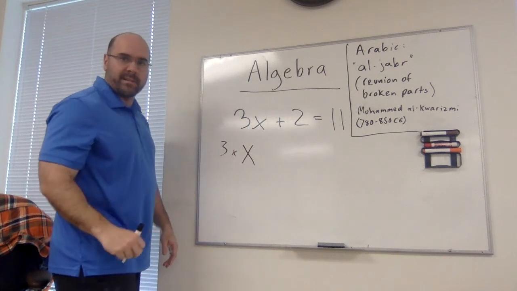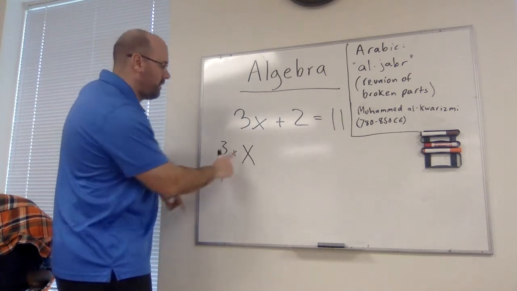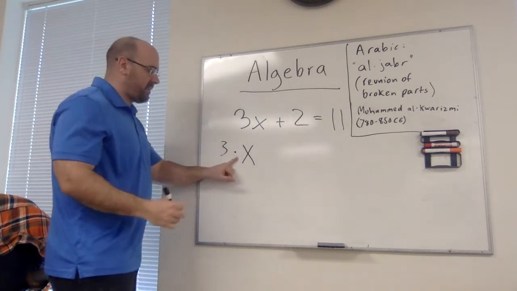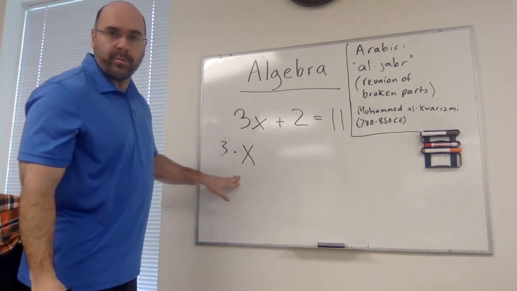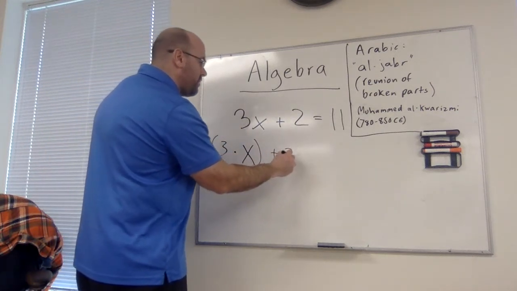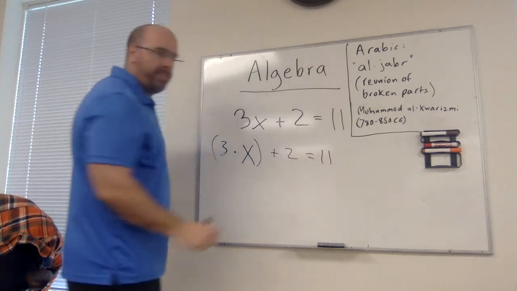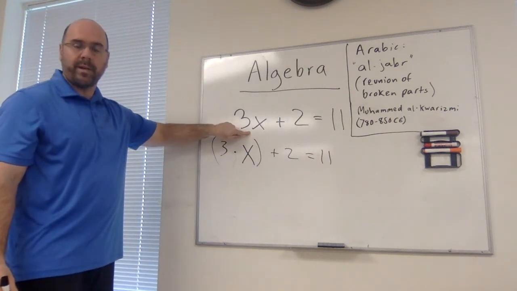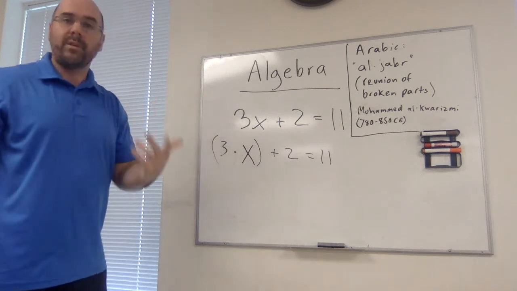There's the multiplication symbol, but now that I've got an x here, I can use a different symbol, which is just a dot. This is a more advanced symbol for multiplication. So 3 times x plus 2 equals 11. That's all this means. 3 next to x just means you're multiplying it. If it had been x over 3, that would mean you're dividing.